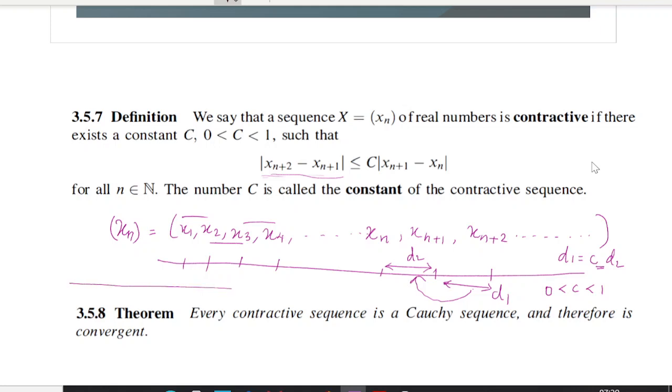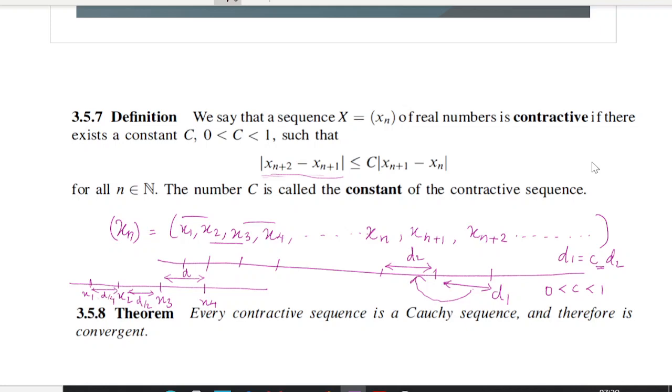Suppose I start with x1, here x2, here x3, and here x4. Suppose I fix this distance as d. Then this distance should be d by 2, and this next distance, half of that, so d by 4 will come.